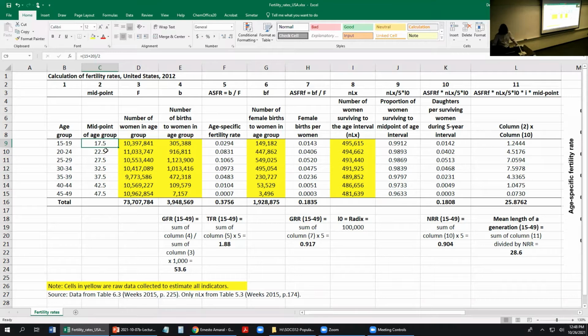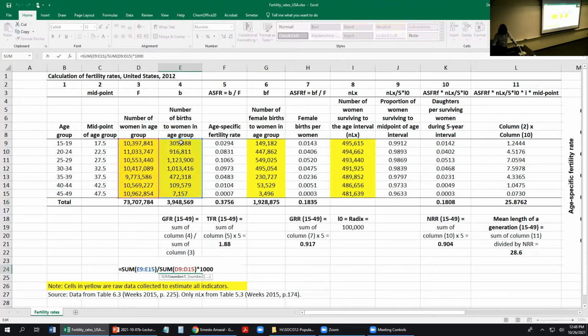If we simply get the overall number of births, if we add all these births for women here in 2012, we have 3.9 million births to 73 million women. So just dividing this by this, we have the general fertility rate.